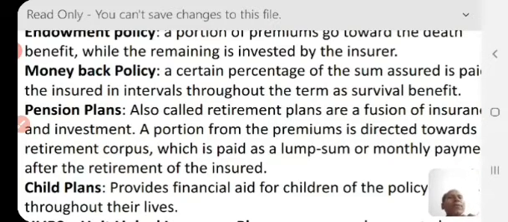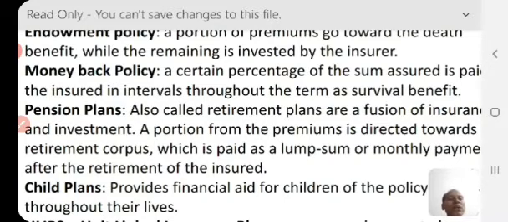Example, A took a money back policy for 20 years, and as per the terms and conditions, the money will be paid back every 5 years, a certain percentage of the amount.